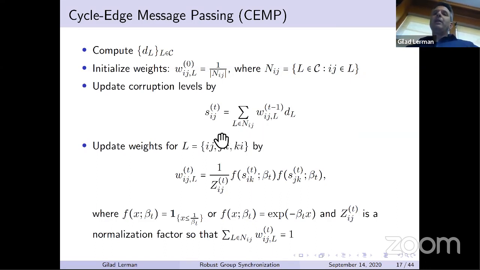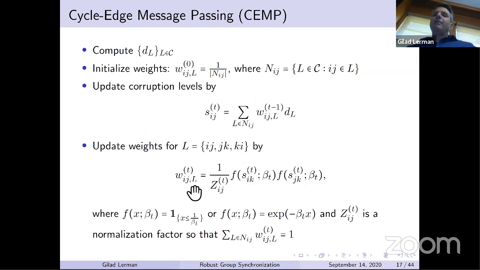Initially, we just choose them in a uniform way, independent of the cycle itself. For each edge ij, Nij is all the neighbors of ij, so all the cycles containing ij. And initially we just take the weight to be 1 over the number of neighbors in this factor graph.